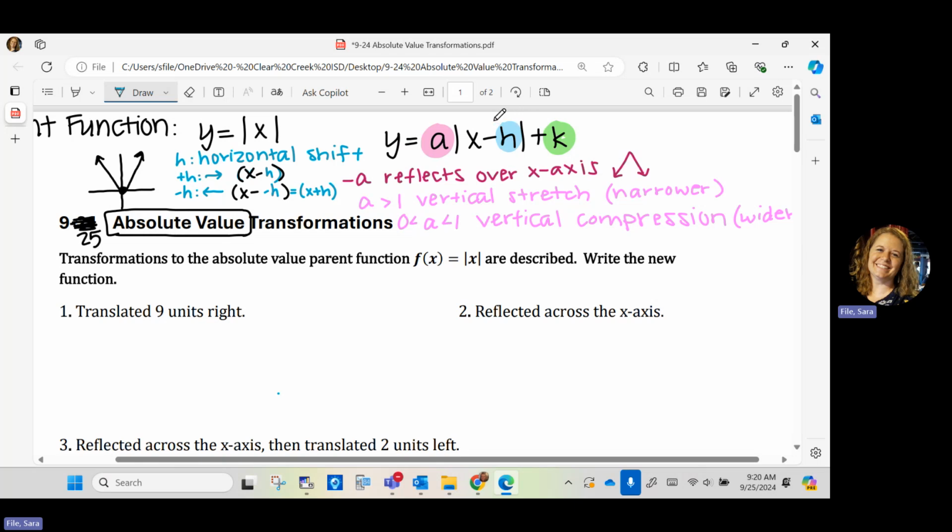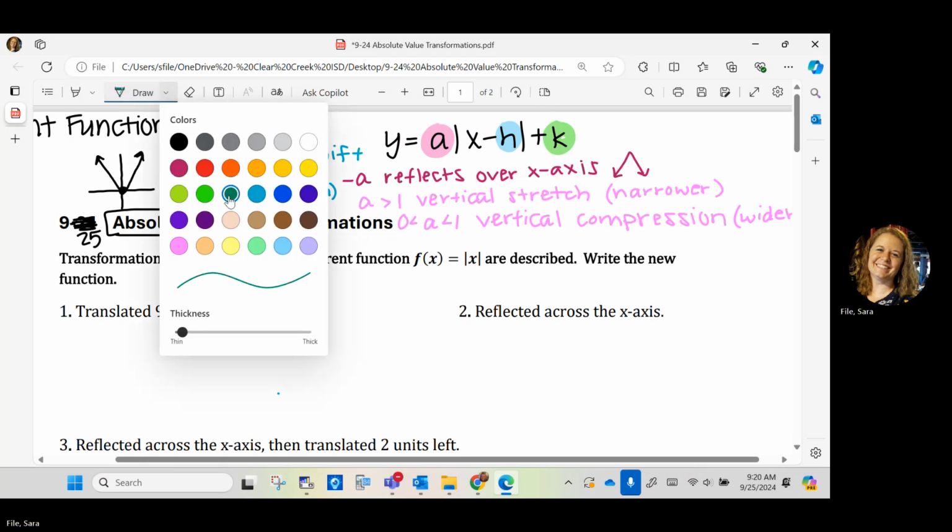Okay, now notice a horizontal shift was happening in here with the x because the x is the horizontal axis. Now outside the absolute value function, the a and the k are outside. They are vertical changes because they're affecting the y. So a was a vertical stretch or compression. K is a vertical shift or translation.